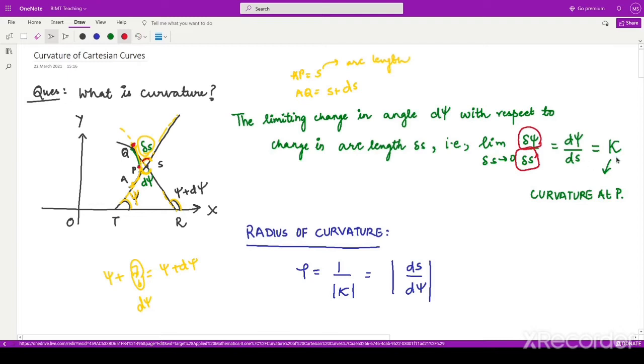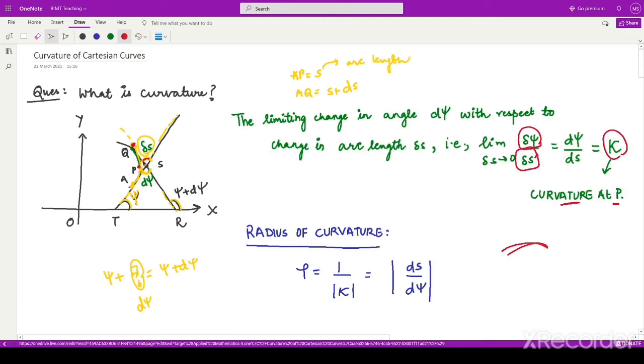This is denoted by the symbol kappa, and it is known as the curvature calculated at some point P. So basically we are interested in how much a given curve is curving over time. So it is calculated by the change in angle made by this tangent.